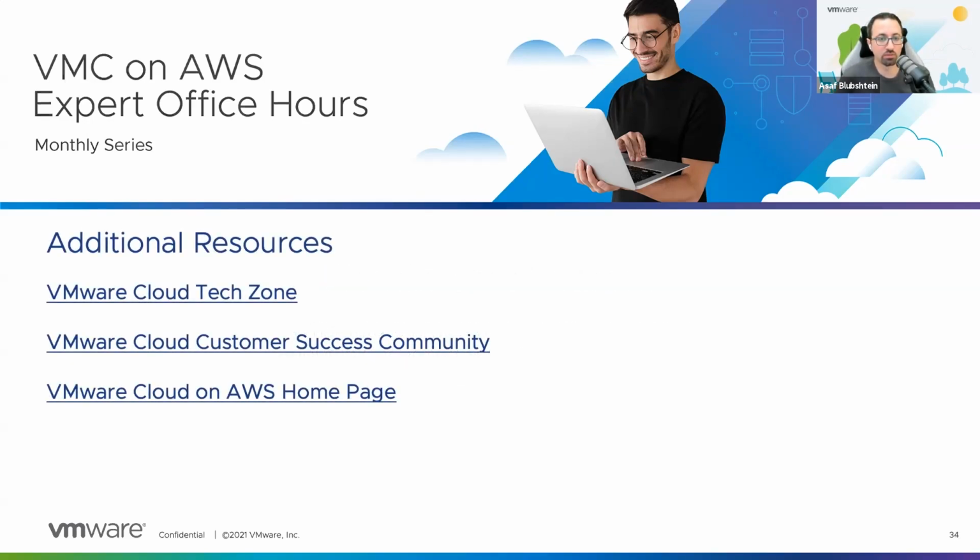Okay, and if you're interested, you have several extra resources. The Cloud Tech Zone has a lot of bite-sized information and reference architectures that you can leverage that have walkthroughs and different designs that will really complement our traditional documentation.